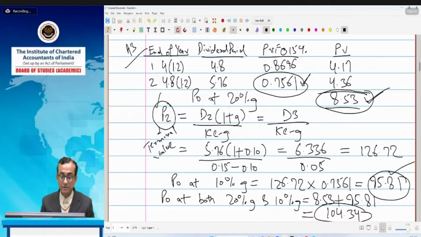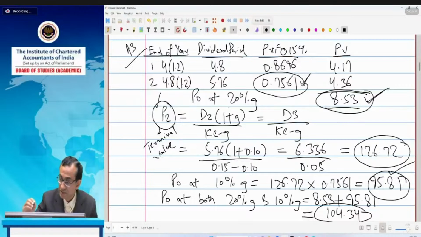So we first arrived at the present value at the end of the second year, which is 126.72. But we have to calculate the present value now, P0. So in order to calculate P0, we multiplied 126.72 by the discount factor of the second year, 0.7561.